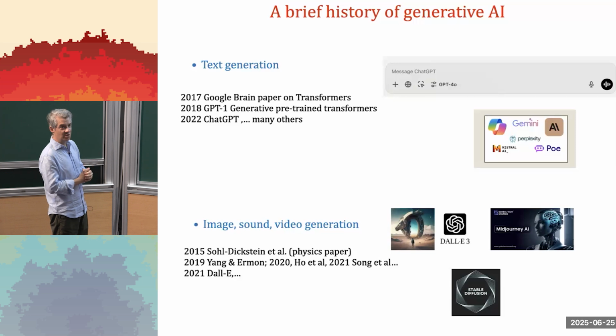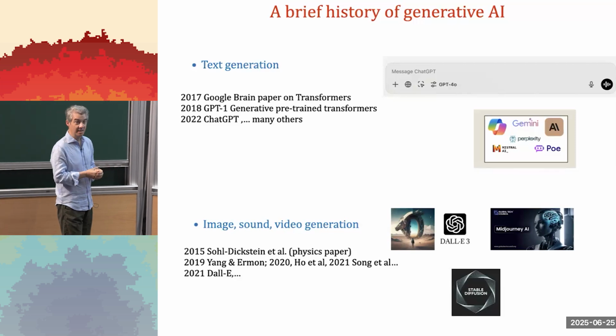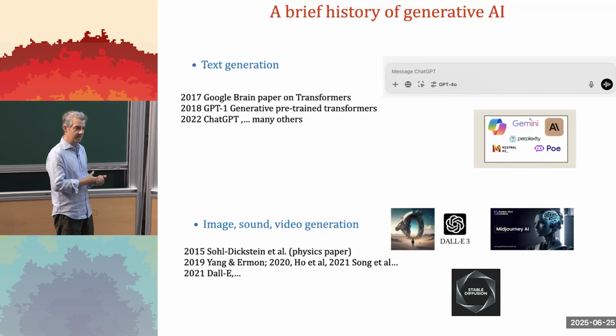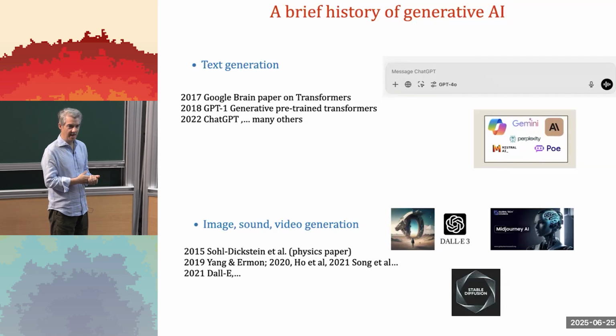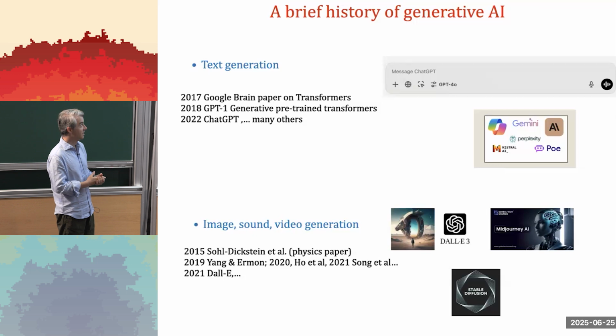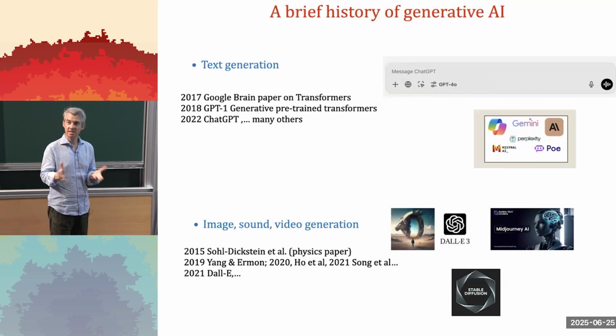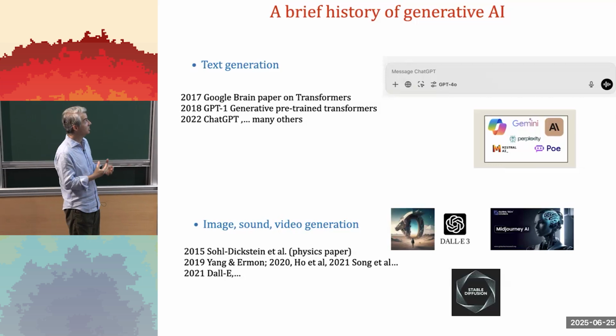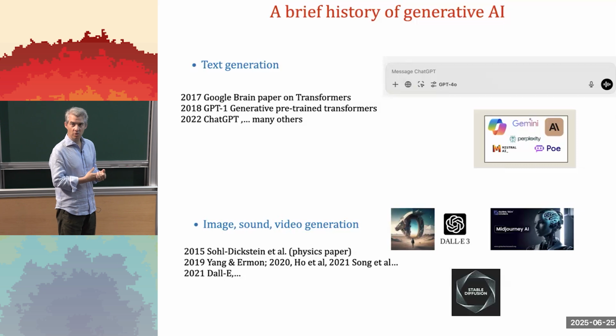Now, for text generation, the main idea behind, for example, ChatGPT, that I think everyone has used at least once here, came in 2017 from a paper on what is called transformers. This is something I will not describe, but this is just to show you the timeline in this kind of research.